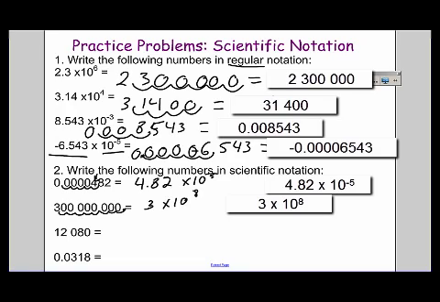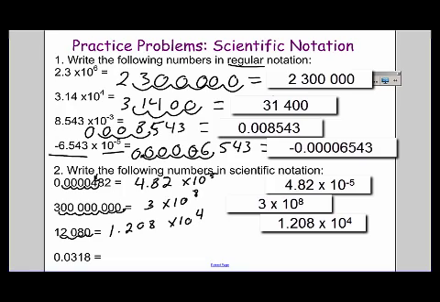That's very similar with our next number, 12,080. We put our pen where we would expect the decimal to be. In this case, we assume it's at the end because it's not put in there on purpose. And we move our pen over so that it's after our first significant number. 1, 2, 3, 4. 1.208 times 10 to the 4th.